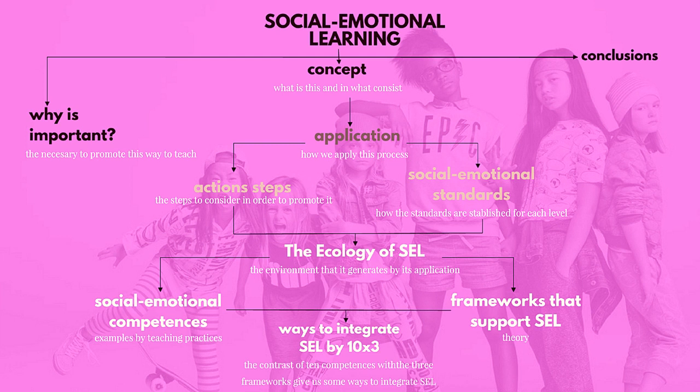Third, application: how we apply this process. Fourth, action steps, the steps to consider in order to promote it. Fifth, social emotional standards: how the standards are established for each level. Sixth, the environment that it generates by its application.